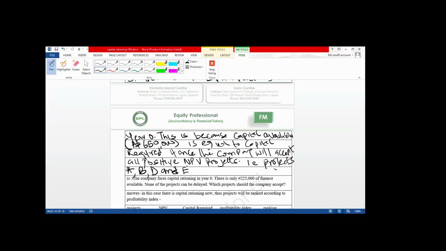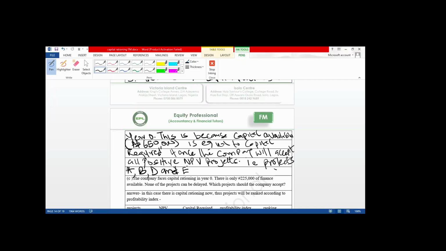Requirement C. The company faces capital rationing in year 0. There is only 225,000 of finance available. None of the projects can be delayed. Which project should the company accept? If you look at this, there is capital rationing. Finance needed in year 0, 650,000.